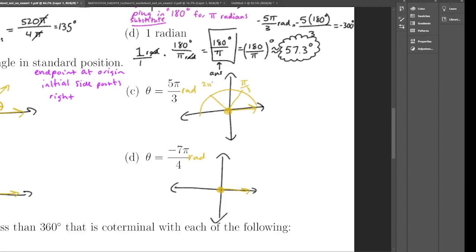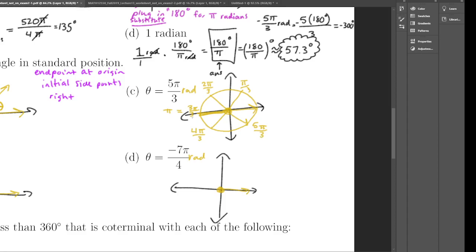This would be 2 pi over 3. And if I do that with the other half of the circle, this here would be 3 pi over 3, which is the same as just pi. That's why, again, pi is half the circle. This now would be pi plus pi over 3, so that's going to be 4 pi over 3. And this over here is 5 pi over 3.